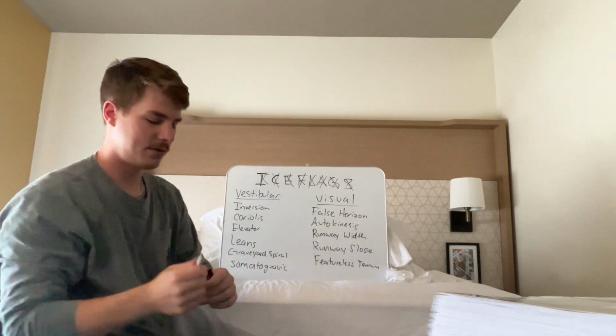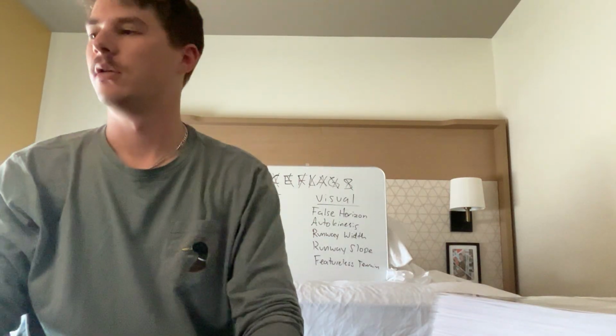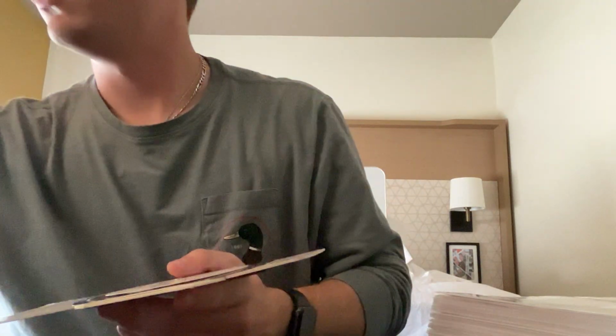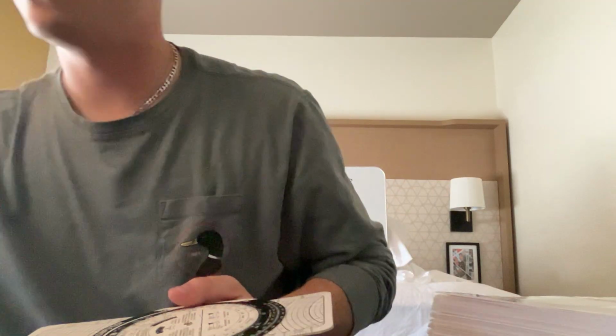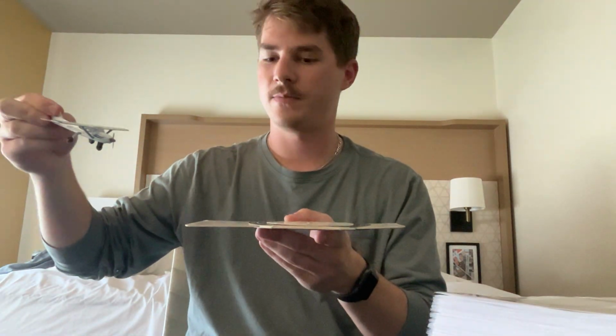So runway width, what is runway width? Well, when you were landing on a runway, let's see here, what can I use? I'm going to use this E6B here. So when you are landing on a runway, your airplane is coming in, okay?